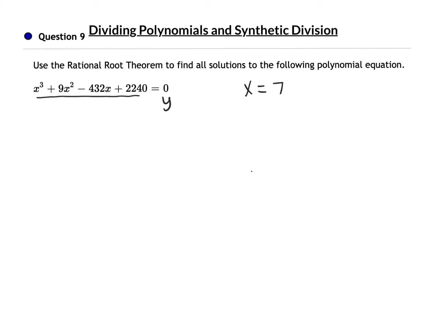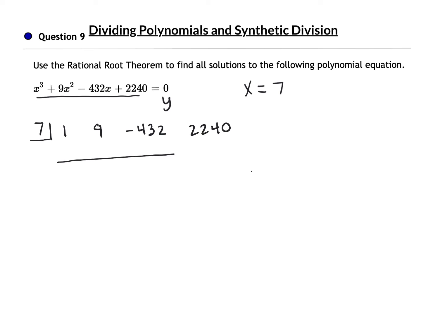Let's use synthetic division with the coefficients. I did notice looking through them that occasionally we'll get one with a missing x squared. So put a 0x squared there. Our coefficients are 1, 9, negative 432, and 2,240.